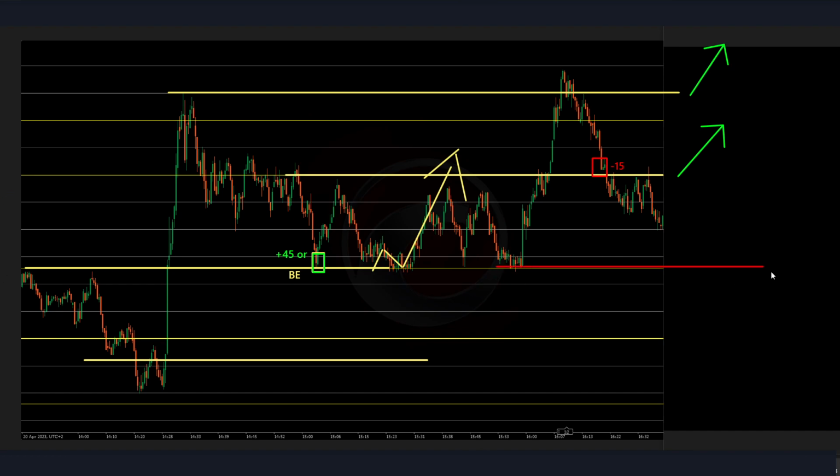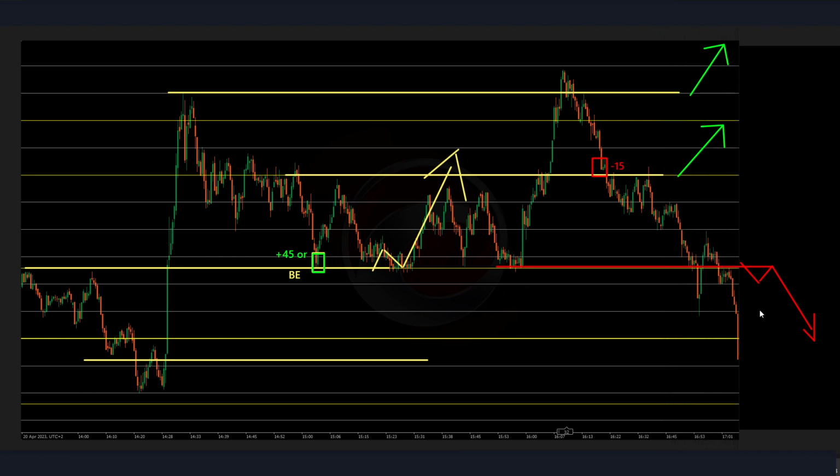Sells mainly I will take below this level. As you can see, price staying below. I might have a loss over there and then a win after that. Minus 15.